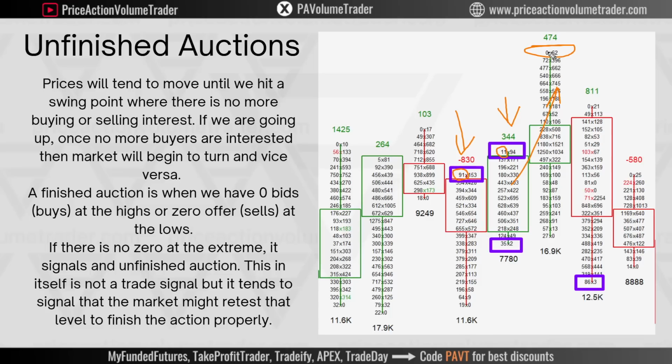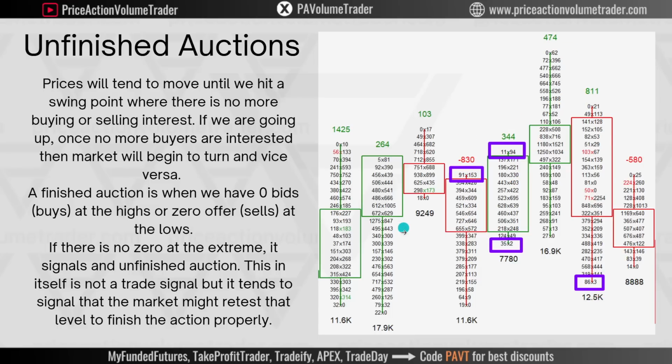So that means that there is no more interest in here, as far as we have 0 offers, 0 bids at the highs. And so this is a signal that this auction has been finished, and then the market comes down. We have another one here, and that eventually gets taken off as well.